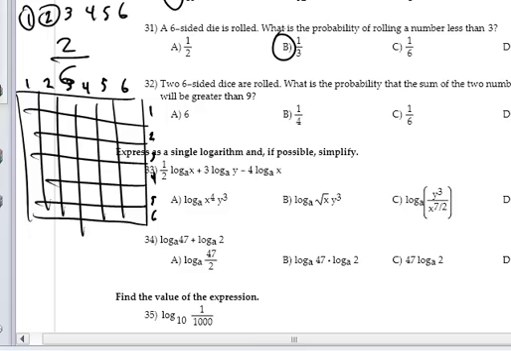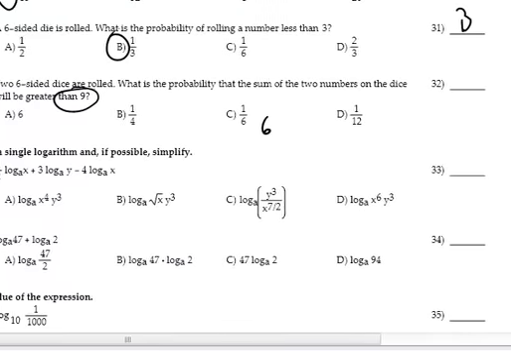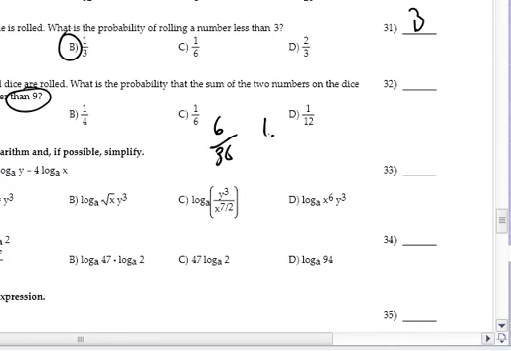And I'm just going to pause it while I do this. If you look at my dice chart, you can see inside what the sums would be, and they want to know what is the probability that your roll will be greater than 9. Well, if you look here, we have 1, 2, 3, 4, 5, 6 places where your roll will be greater than 9. So you have to say 6 out of 36 possibilities total, which is a 1 in 6 chance. So that will be choice C.